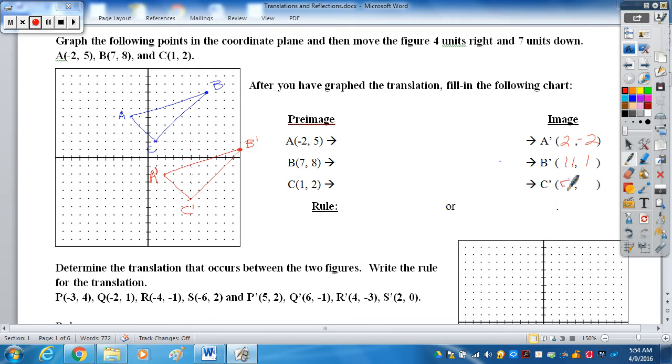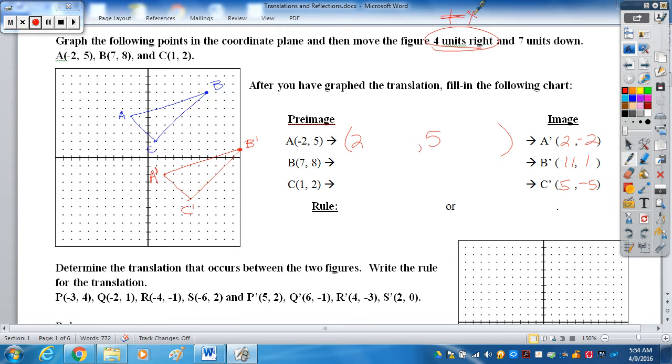Okay. Now what is it about these 3 points with respect to the preimage's 3 points that I want you to see? Well, maybe you already see this, but if I take the original point and I am going right 4 units, we're thinking plus 4.